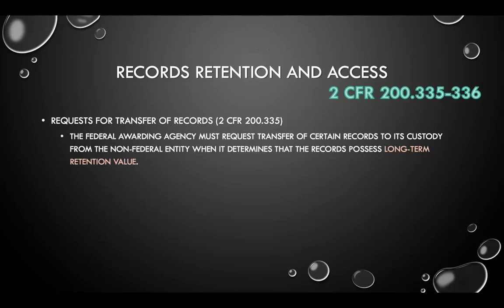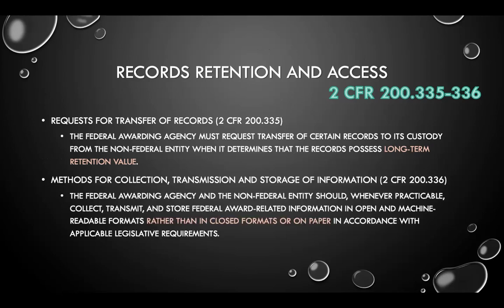2 CFR 200.335 and 200.336 talk about requests for transfer of records. In 2 CFR 200.335, the federal awarding agency must request transfer of certain records to its custody from the non-federal entity when it determines that records possess long-term retention value.